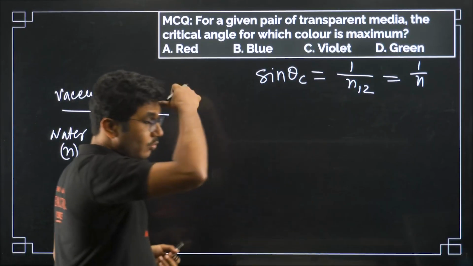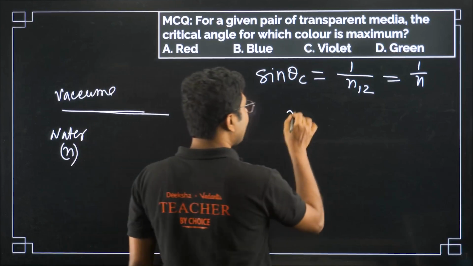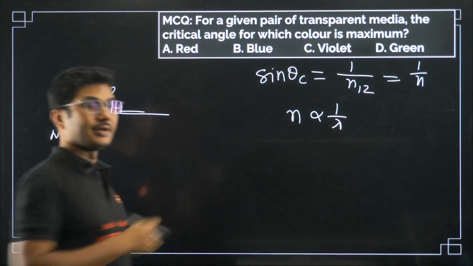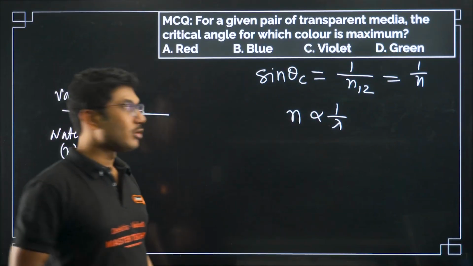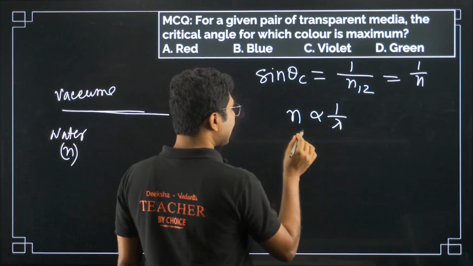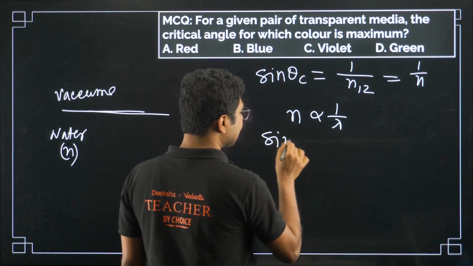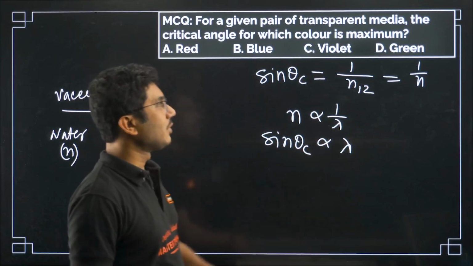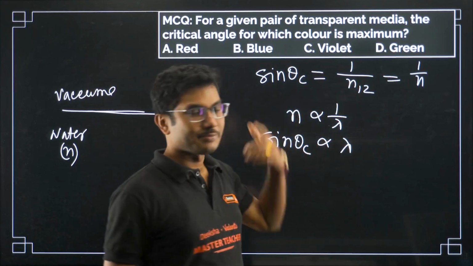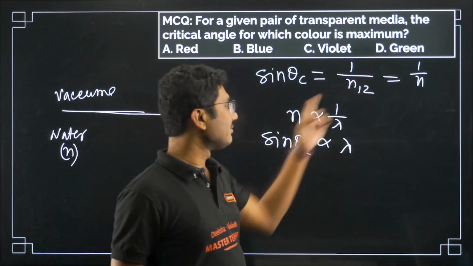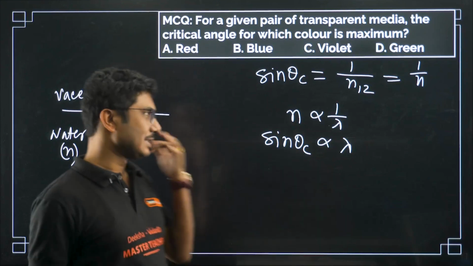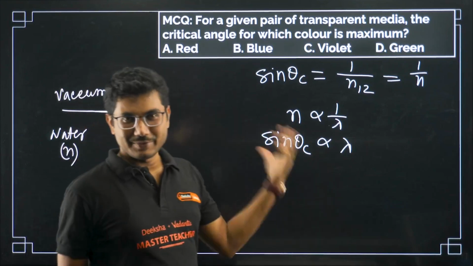Now what we know is that refractive index is inversely proportional to the wavelength lambda. That means sin theta c is directly proportional to lambda. Why? Because enemy of enemy is my friend. Inverse of inverse is straight. Division of division is multiplication.